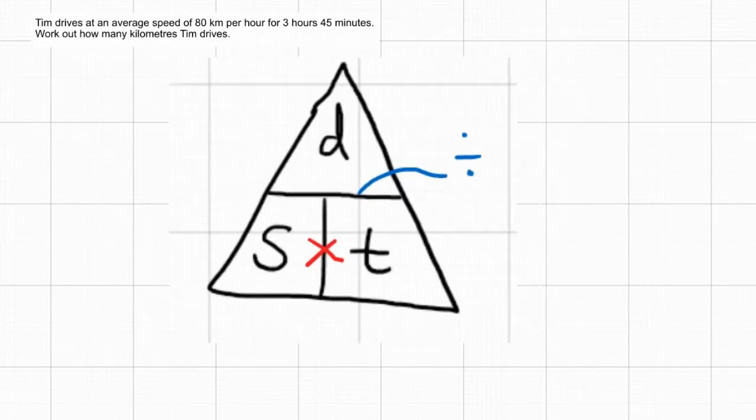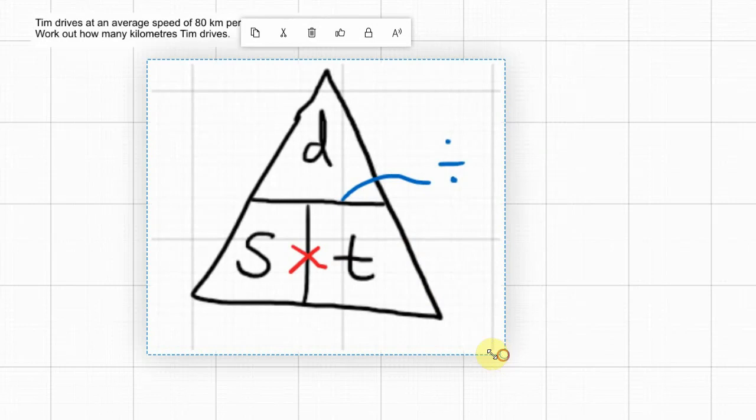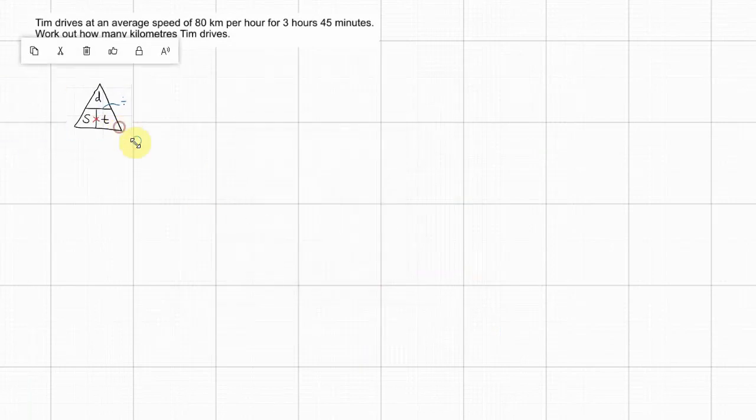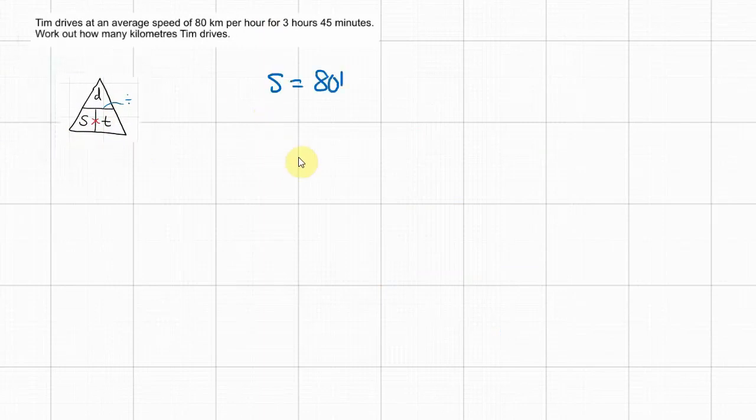Let me get my ginormous triangle. I'll copy that one. So, Tim drives at an average speed of 80 kilometres per hour for a time of 3 hours and 45 minutes.